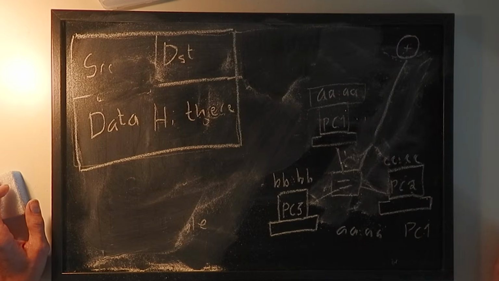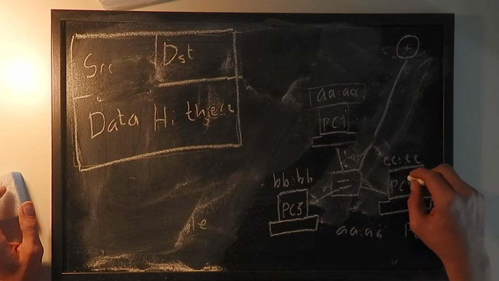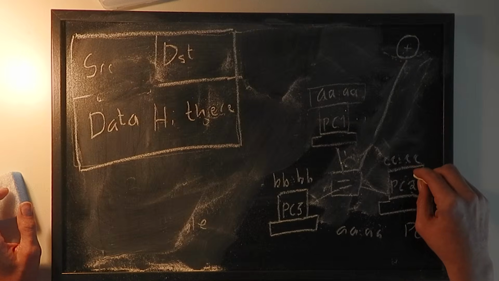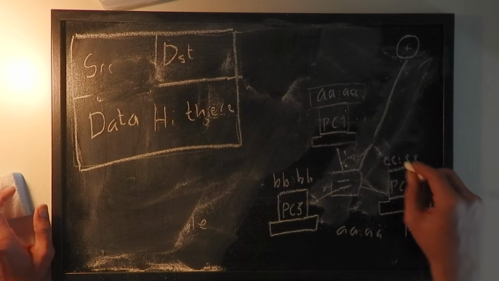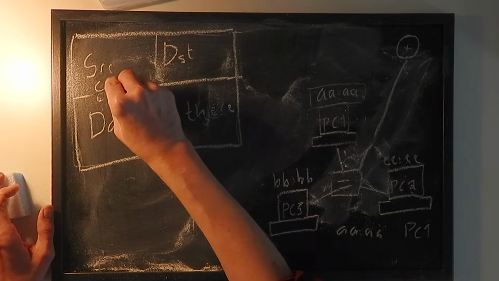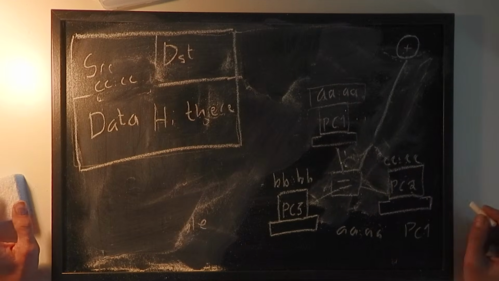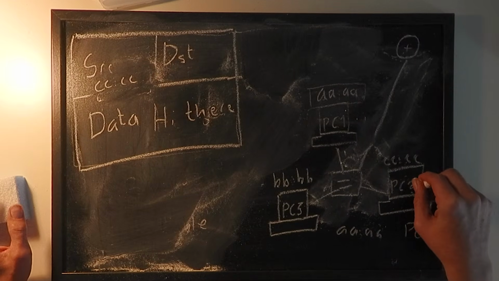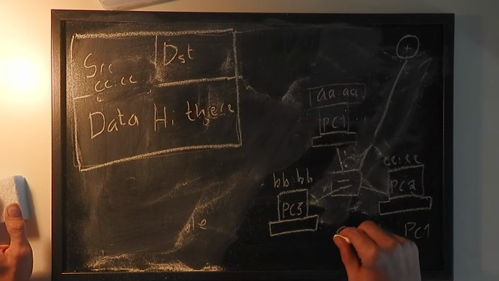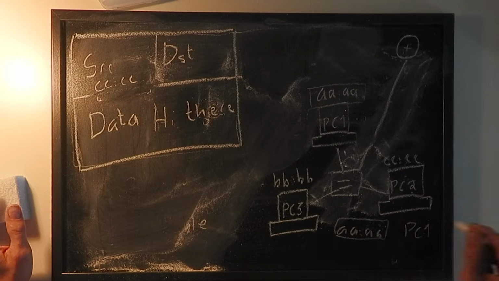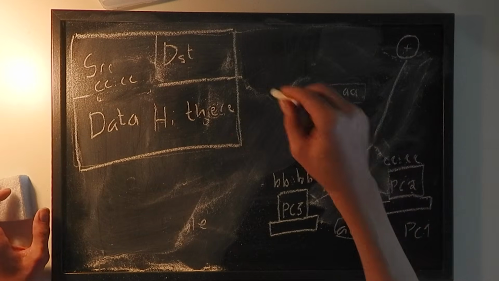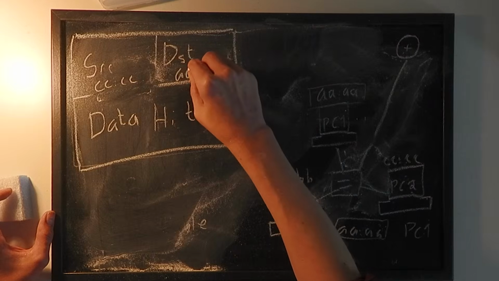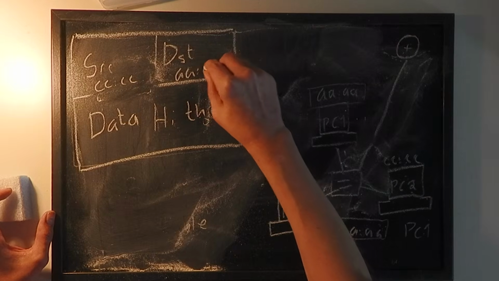And in this case, PC2 is going to put its own MAC address as the source, which is CCCC. But this time, PC2 knows the MAC address of PC1. So this time, we can put it inside of the destination field like this.